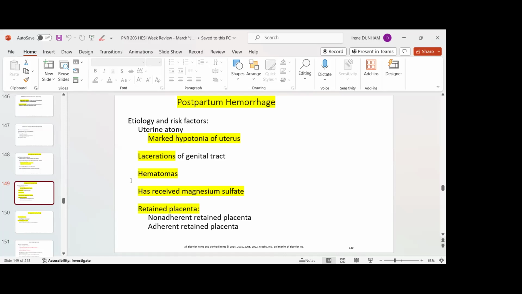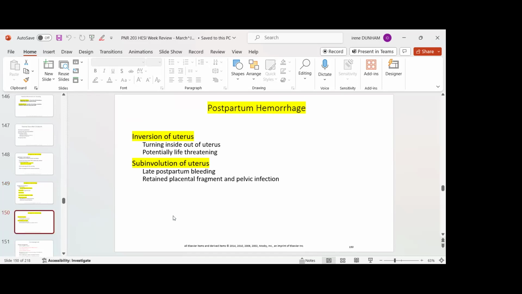She can go home with retained placenta fragments. Maybe she's doing okay in the hospital, but she goes home. You have to remember to teach the progression of how the lochia changes from rubra to serosa to alba. She's now maybe in alba, and all of a sudden she wakes up in a pool of blood. That's not normal, because something is still left up inside that uterus that needs to come down.